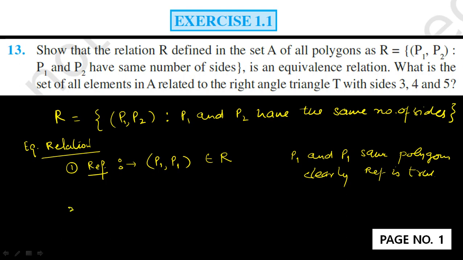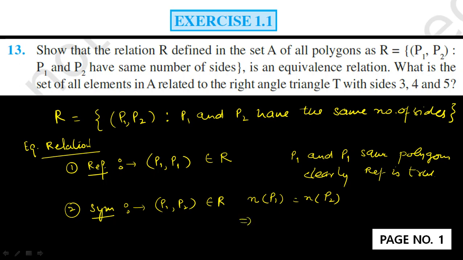Now, what about the second condition? The second one is symmetric. (P1, P2) belongs to R. What is the meaning of this? The number of sides of P1 is equal to the number of sides of P2.